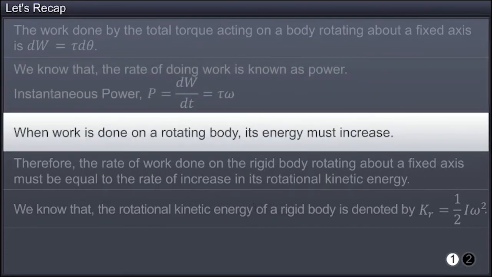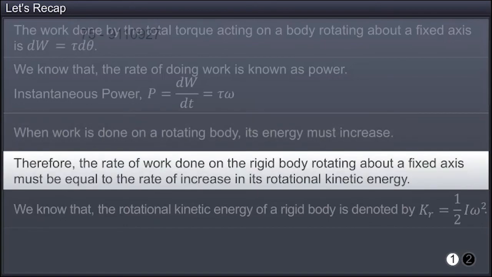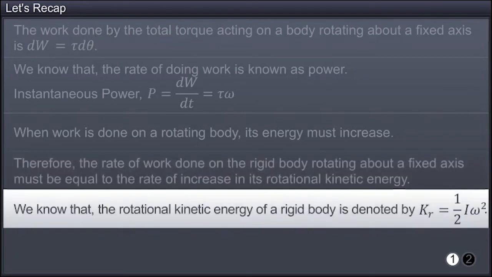When work is done on a rotating body, its energy must increase. Therefore, the rate of work done on the rigid body rotating about a fixed axis must be equal to the rate of increase in its rotational kinetic energy. We know that the rotational kinetic energy of a rigid body is denoted by Kr is equal to half I omega square.